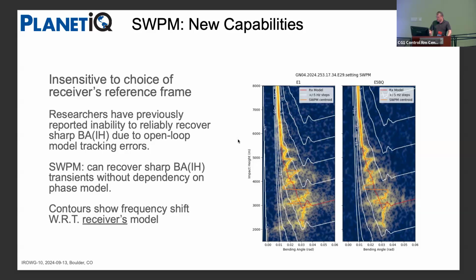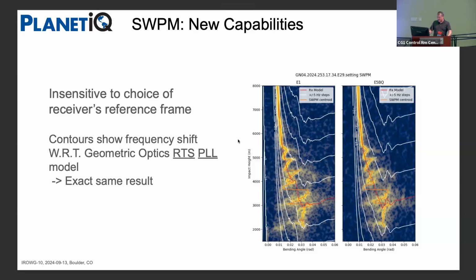This graphic shows contour lines, where these contour lines are a frequency offset between the phase matching model and the reference frame of what's being fed into the wave optics processing. In this case, I'm showing the receiver's model, and the red line is the DC point for the receiver's model in this profile. Here's the exact same analysis using the Rockström-Striebel PLL model that we calculated for the geometric optics result earlier.